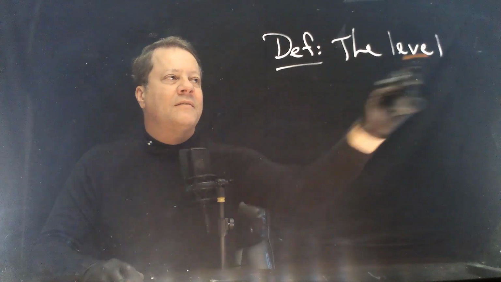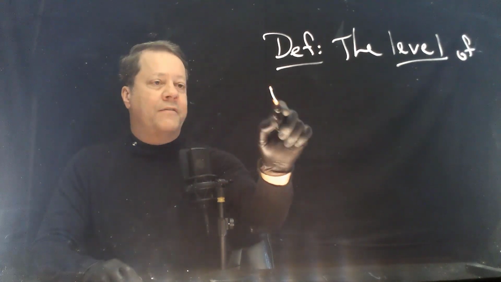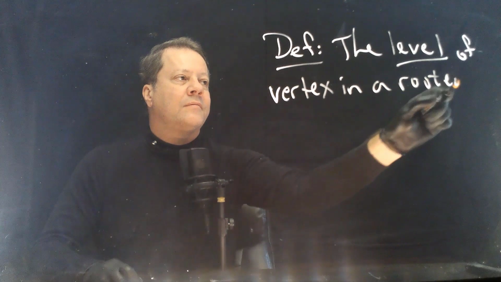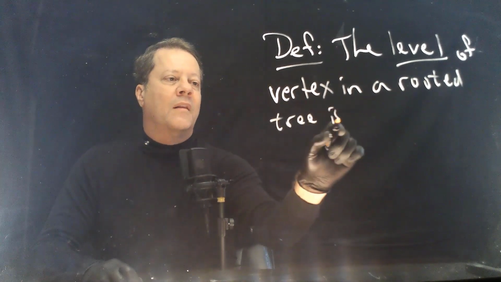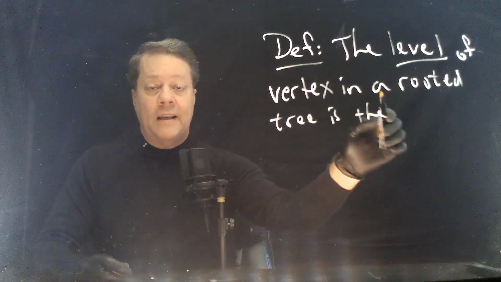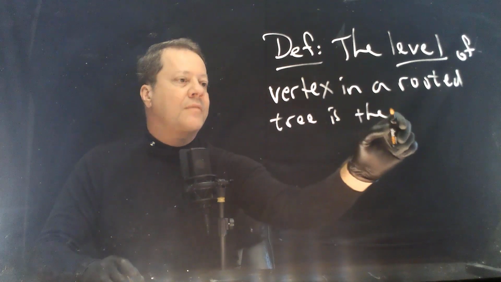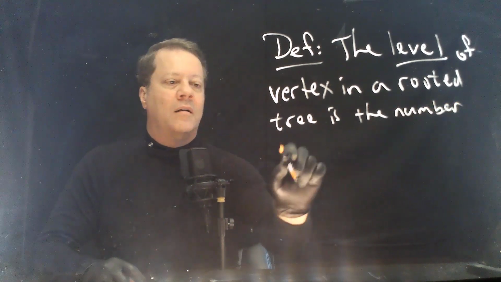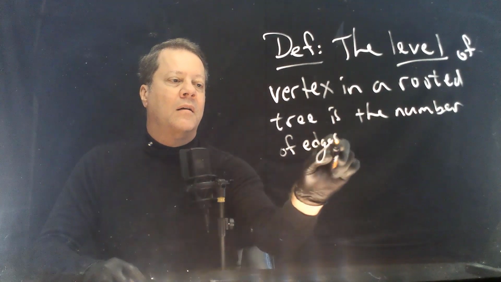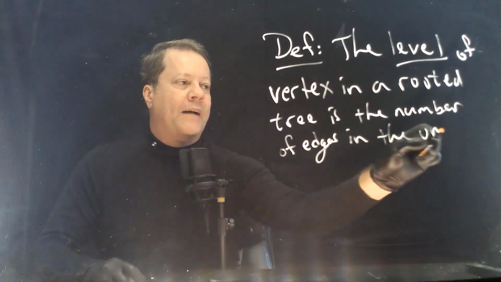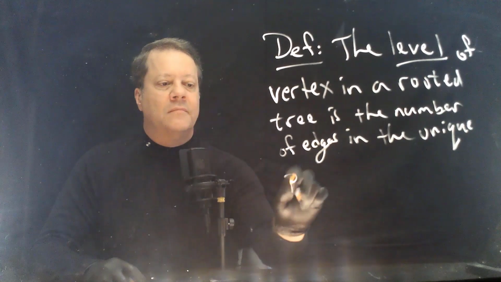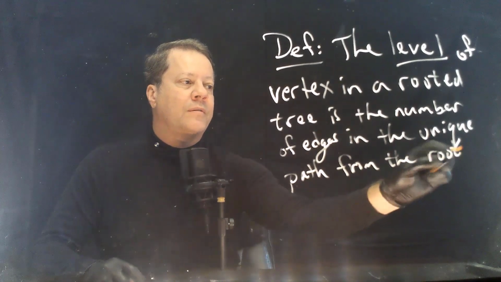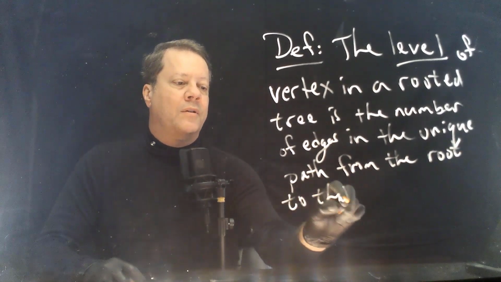The level of a vertex in a rooted tree is the length, in terms of number of edges, in the unique path from the root to that vertex.